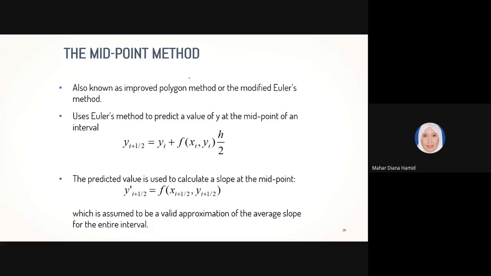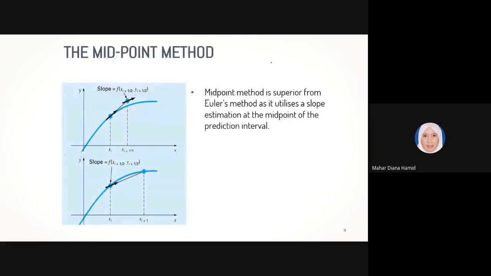So let's say we have this. First, we use Euler's method to predict a value of y at the midpoint of the interval, xi plus half. The slope at the start of the interval is used to extrapolate to get the value at yi plus half.